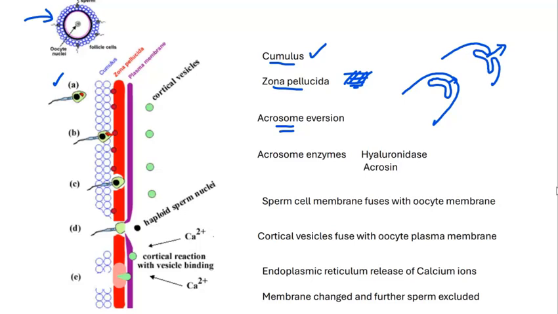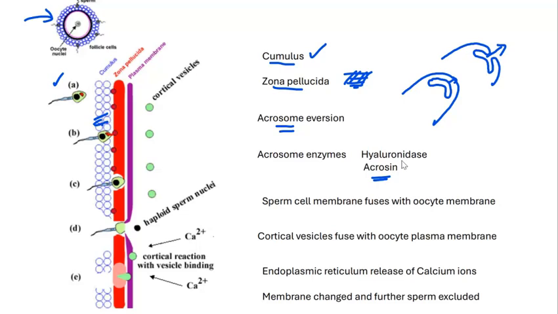And these contain a couple of different enzymes. The hyaluronidase enzymes allow the sperm cell to break down the cumulus cells, while the acrosin, which is a second enzyme, actually allows it to digest its way through the zona pellucida.